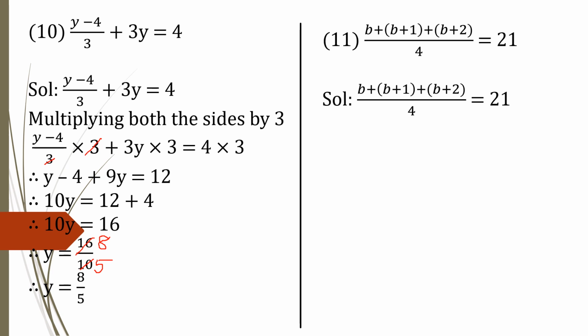Now student, this is whole upon 4. All the terms are upon 4. So this 4 I can bring directly to my right hand side and it will get multiplied. So, therefore, B plus 1 plus B plus 2 equal to 21 into 4.